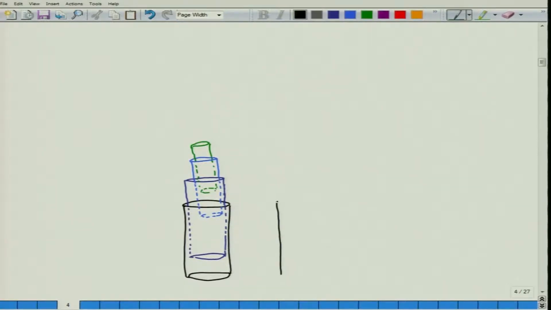What happens in this case is you can keep all these tubes together. When they are together, you will have this end followed by a small protrusion here, because most of the second tube is inside. Then you have the third portion that also has a very small protrusion, followed by the fourth portion.